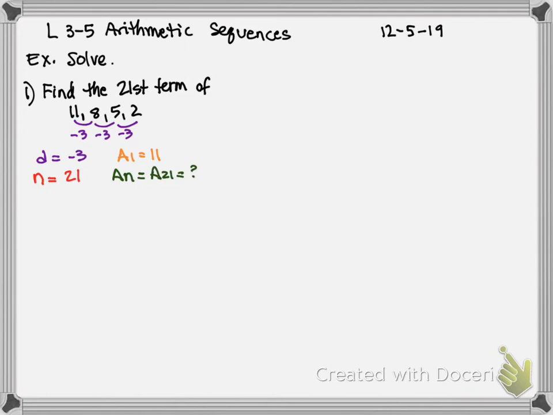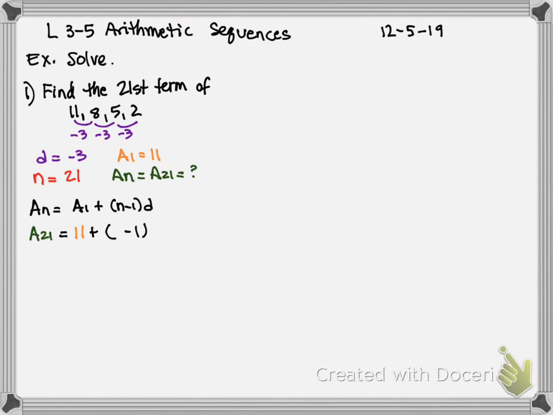So we start with our formula, which is a sub n is equal to a sub 1 plus the quantity n minus 1 times the d value. And then we just start plugging things in. So we have a sub 21, because we want the 21st term, equals the a sub 1 is 11, plus, now notice, all of that I wrote in black is always there, okay?